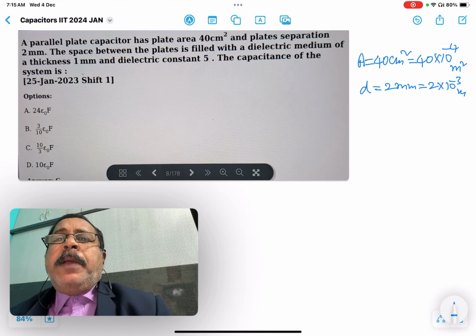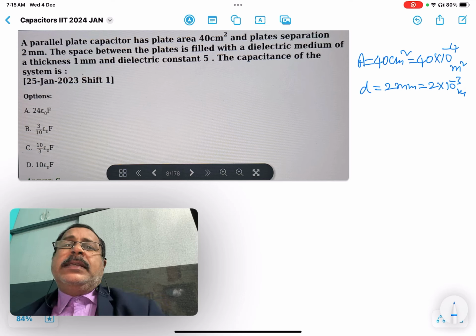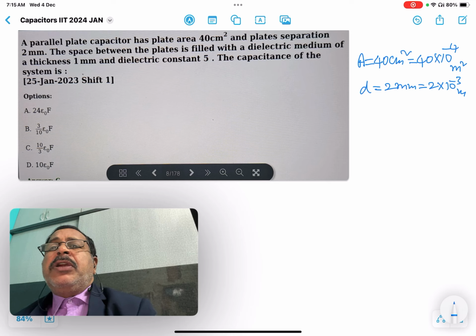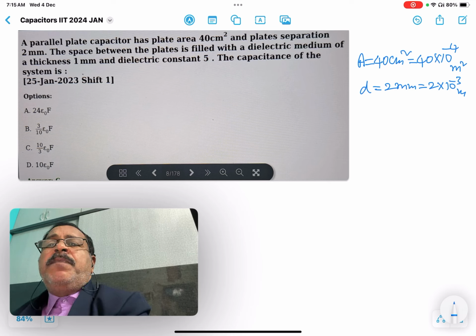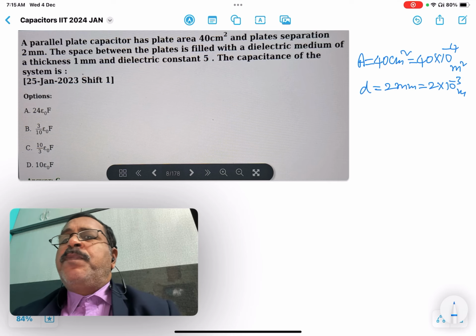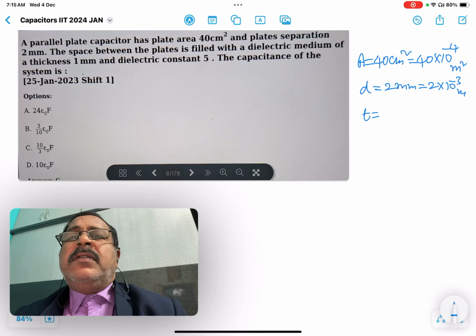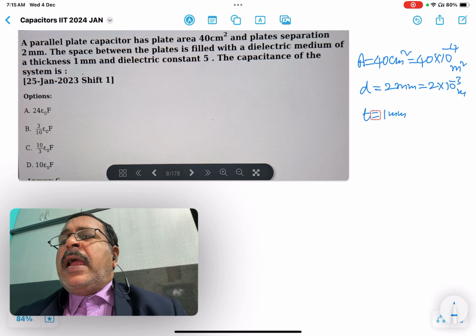The space between the plates is filled with a dielectric medium of thickness T equals 1 millimeter and dielectric constant 5.